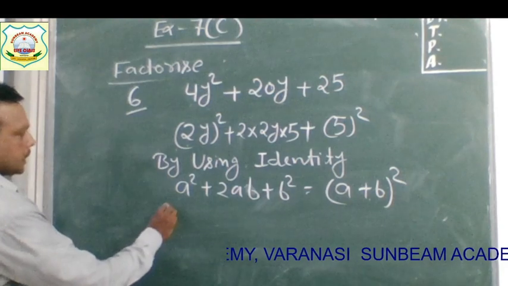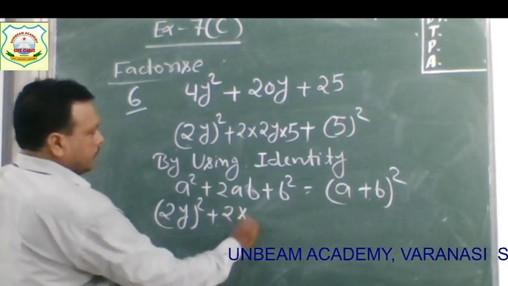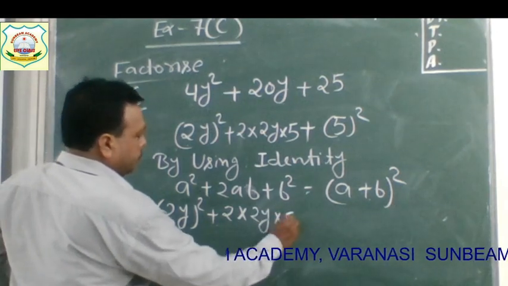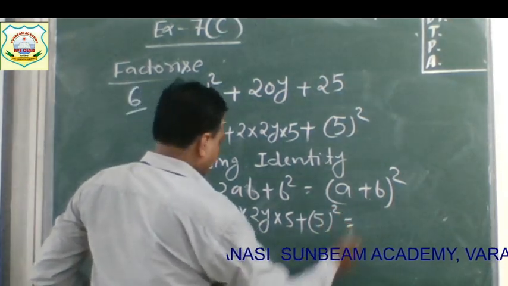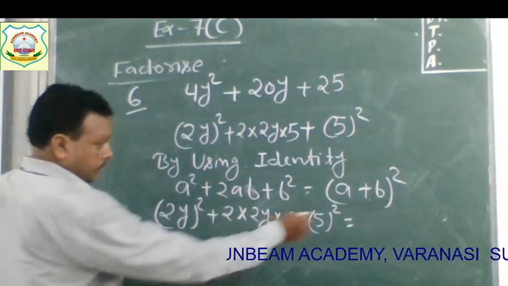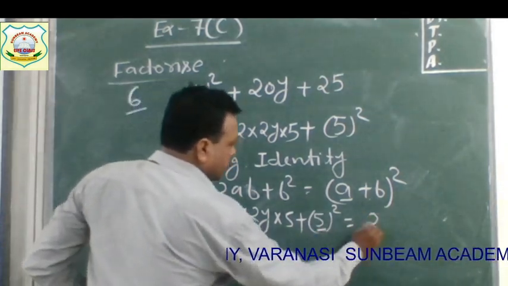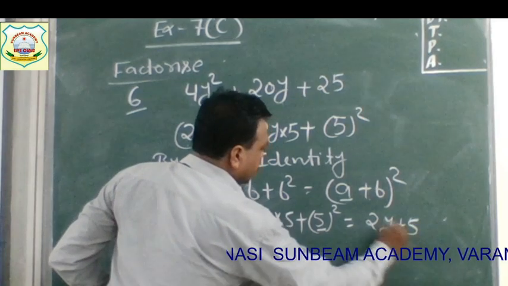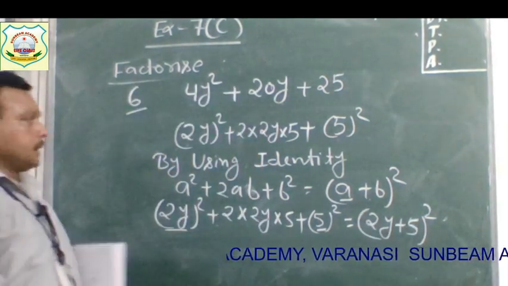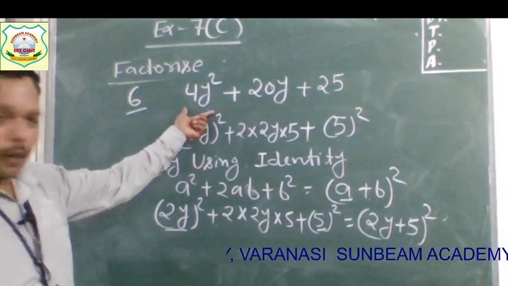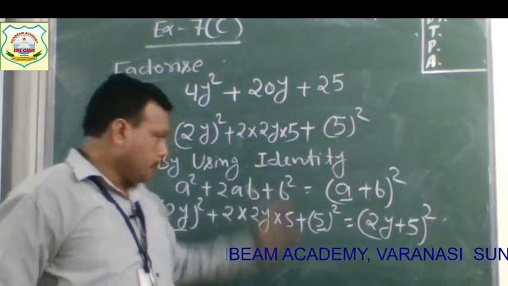What should come? a square, that is 2y whole square, plus 2 multiply 2y multiply 5, plus b square, that is 5 whole square, equals what? Here a is 2y and b is 5, so 2y plus 5 whole square. It is similar to question 5. There 4y square is 2y whole square, and 25 is 5 square, okay. Other things are the same.